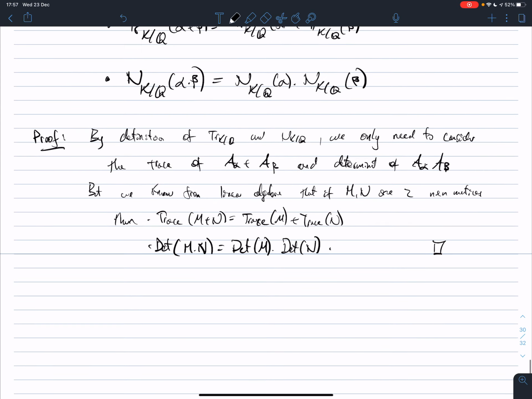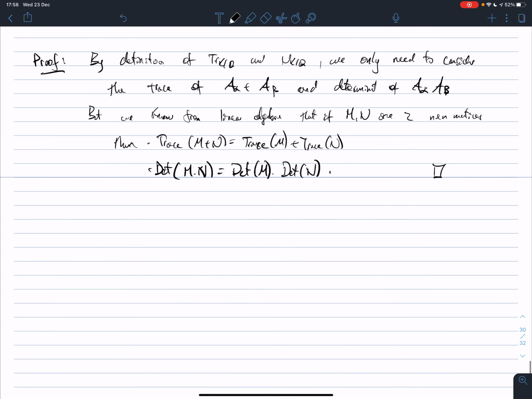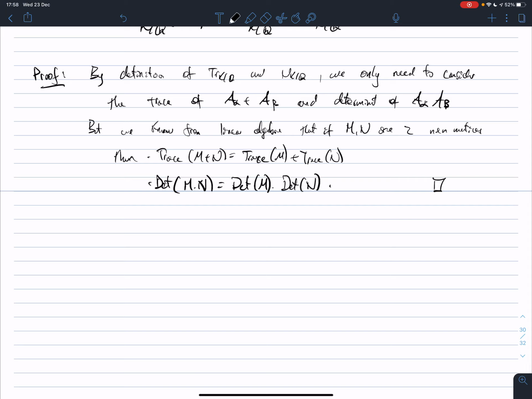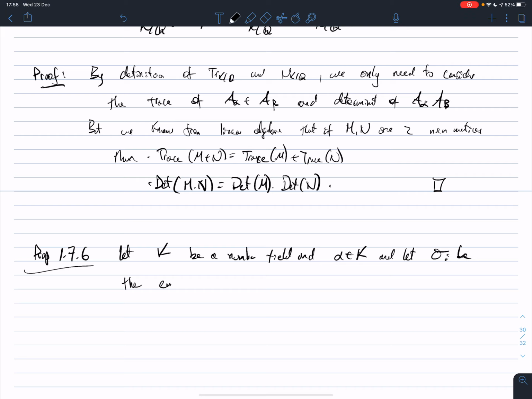So here's the next result. It tells us how norms and traces relate to the embeddings and to some of the results that we were proving last time. So another proposition, 1.7.6. Let K be a number field, and alpha some element in K, and let sigma i be the embeddings of K into the complex numbers.